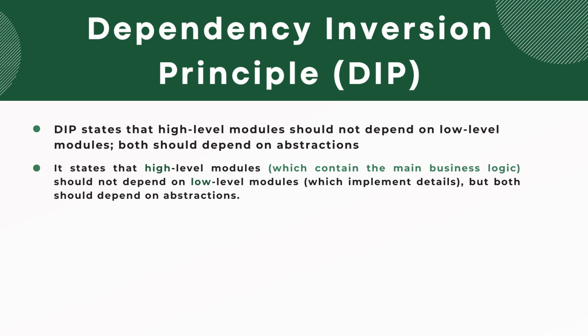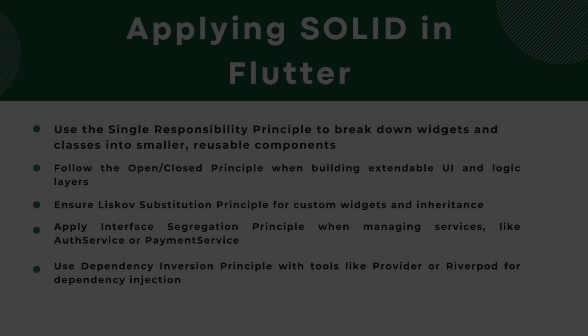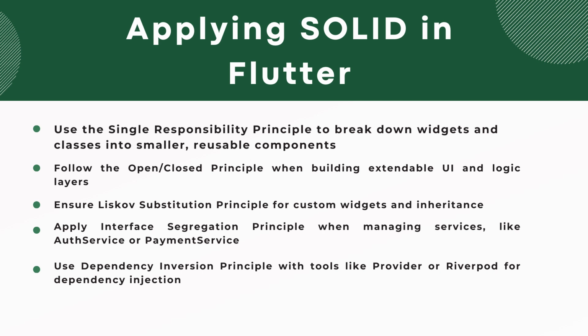Then you can inject any implementation of a message service such as email or SMS. This makes your app more flexible and easier to test, as you can swap out dependencies without changing the core logic.